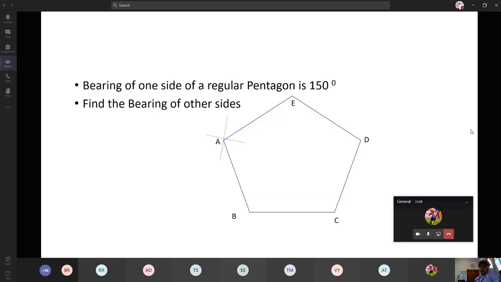For example, AB is 150 degrees. You are supposed to find the bearing of BC, CD, DE and EA. How will you go about it?